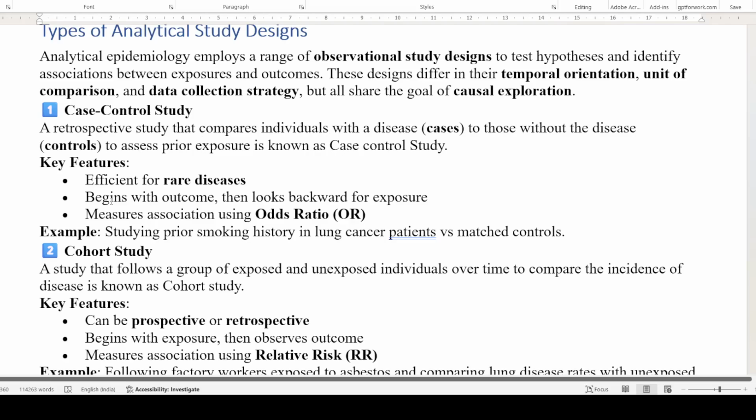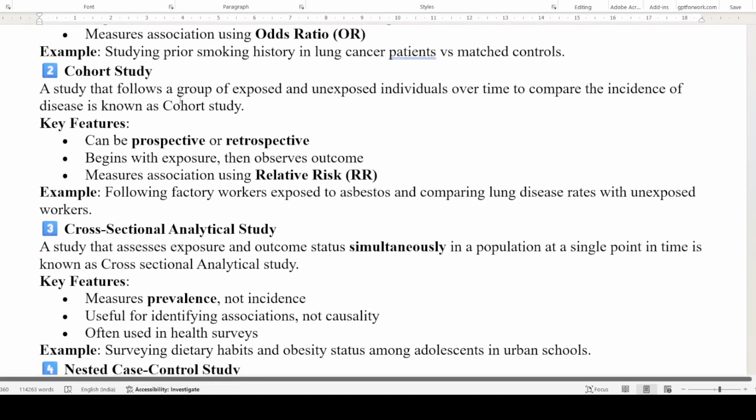It begins with the outcome and then looks backward for exposure and the causative factors which were responsible for that disease. Then comes the cohort study. A cohort study means a group of exposed and unexposed individuals are studied over time and then the incidence of disease is compared, right?